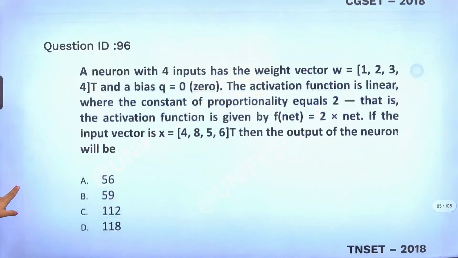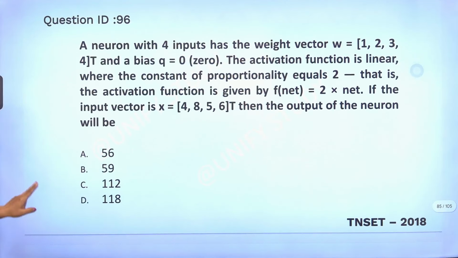Now do this. Same way. Now I need a 100% correct answer from everyone. Do it correctly. Give me a 100% correct answer. I need a 100% correct answer from everyone.